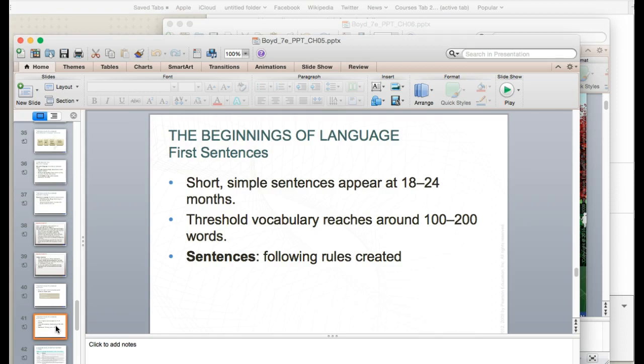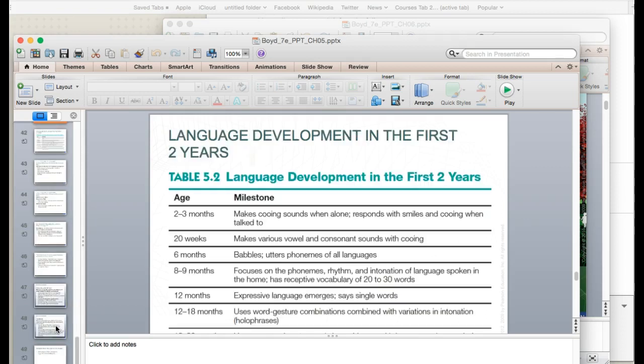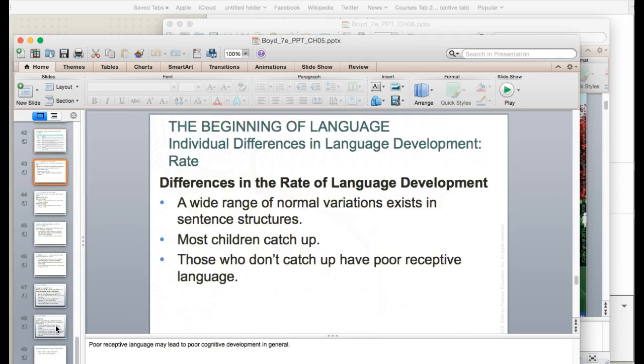So it's not that much of a jump, but they are completing short, simple sentences. So that's also interesting. And here's a milestone marker for development in the first 2 years, so you guys can review that more. That's some great information.